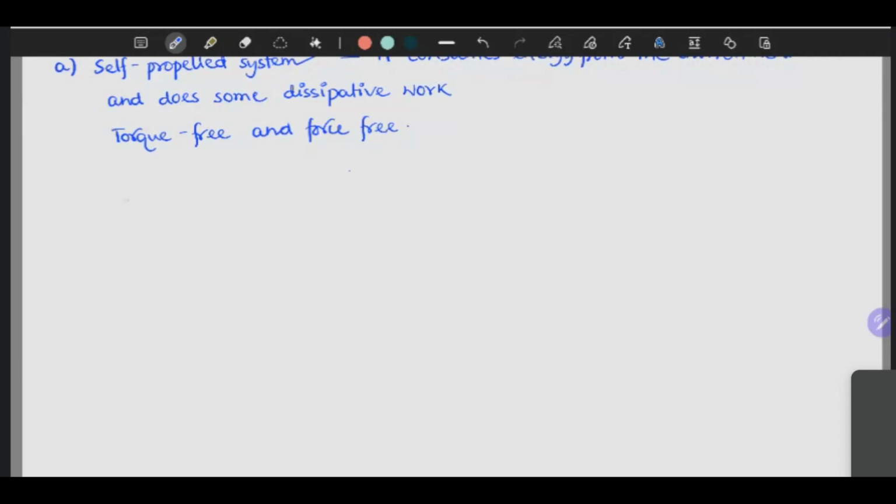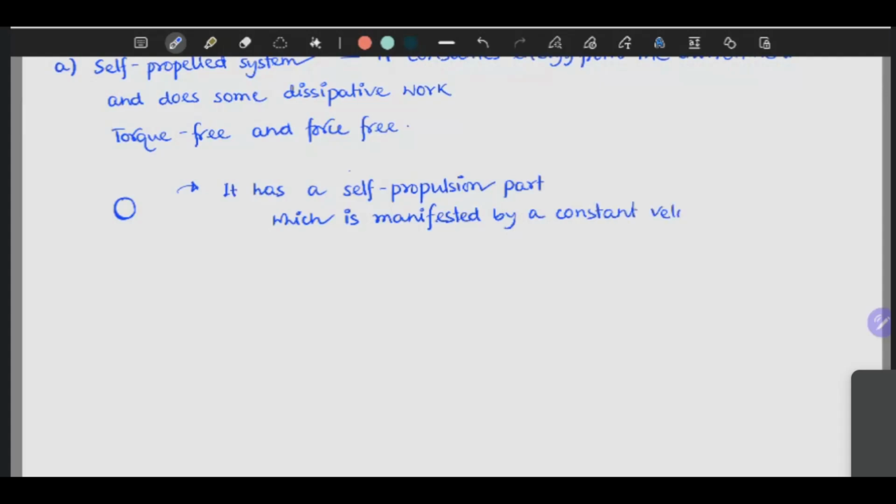Basically, there is one particle. It has a self-propulsion part, which is manifested by a constant velocity or speed, and it changes direction by orientational diffusion.